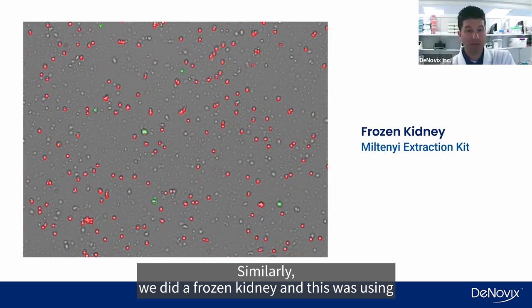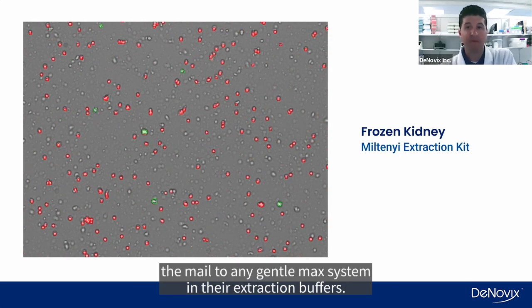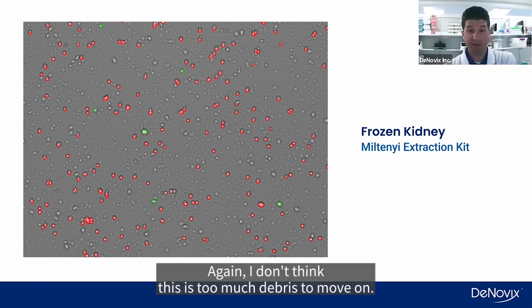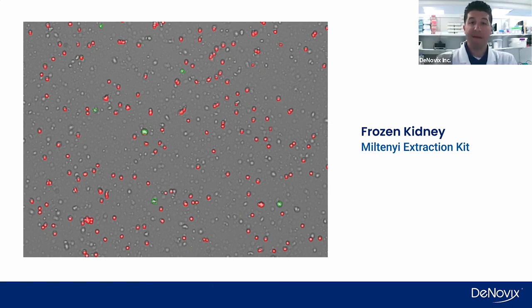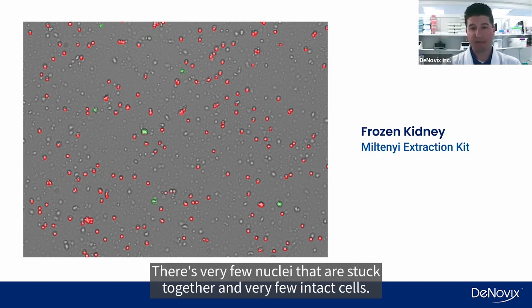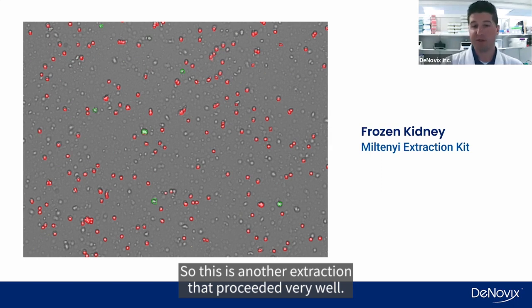Similarly, we did a frozen kidney, and this was using the Miltenyi GentleMACS system and their extraction buffers. You see a very similar level of debris. Again, I don't think this is too much debris to move on. The nuclei are mostly single. There's very few nuclei that are stuck together, and very few intact cells. So this was another extraction that proceeded very well.